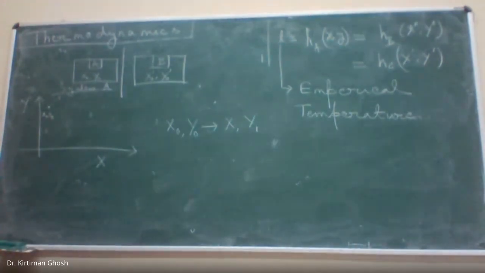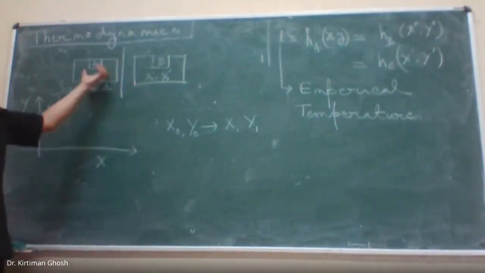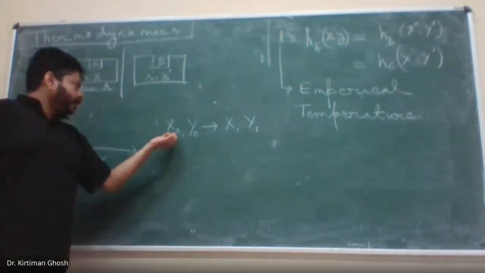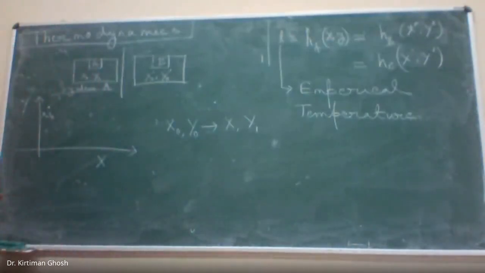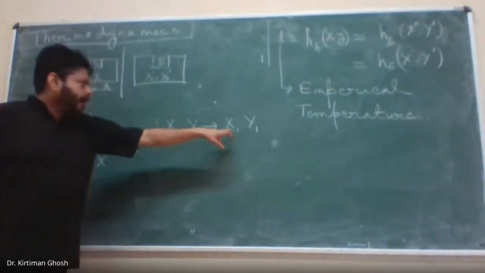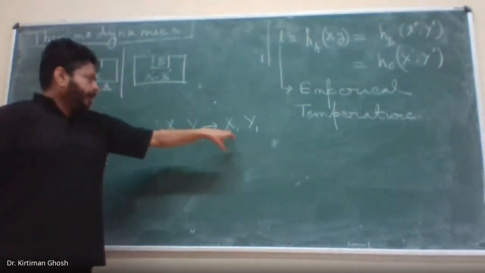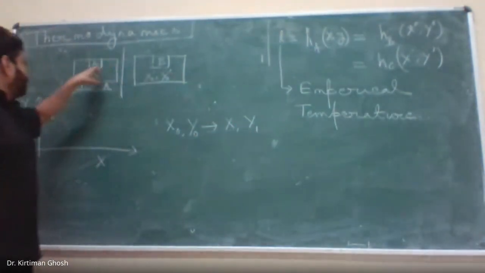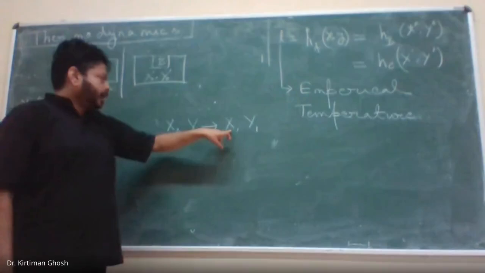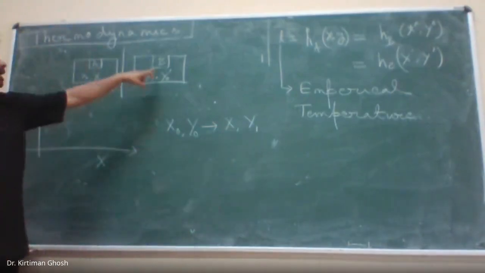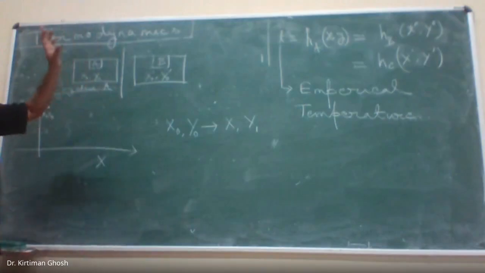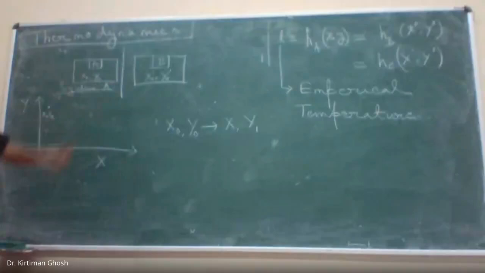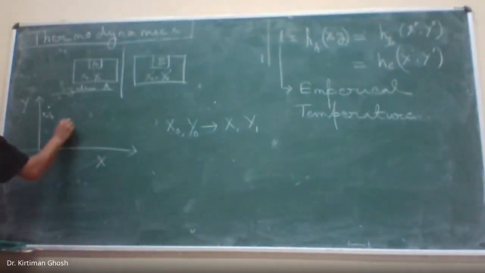So I took system A away and changed the values x0, y0 to x1, y1 in such a way that system A at coordinate x1 and y1 is still in thermal equilibrium with system B. So this is the way I change the coordinate, so that system A is still in thermal equilibrium with system B. Let us assume that this is a point here.